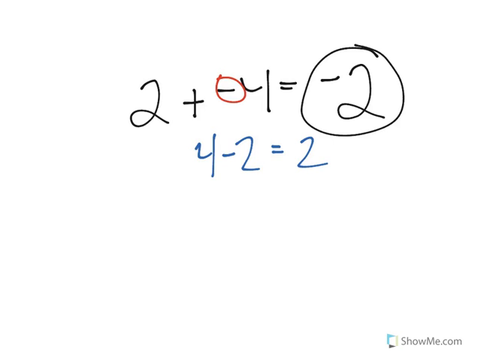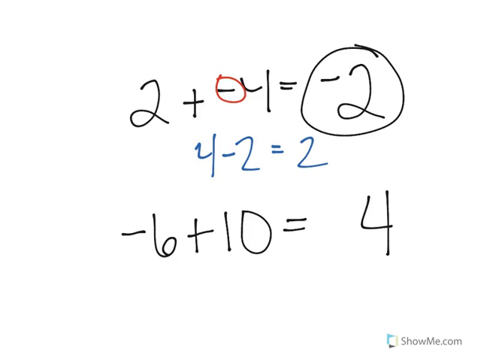And it wouldn't matter if it's first or second, we'll do -6 plus 10. The number with the greater absolute value is 10, it's a bigger number. 10 minus 6, excuse me, is 4. And my number with the greater absolute value is positive, therefore my answer is positive, and that's my answer.